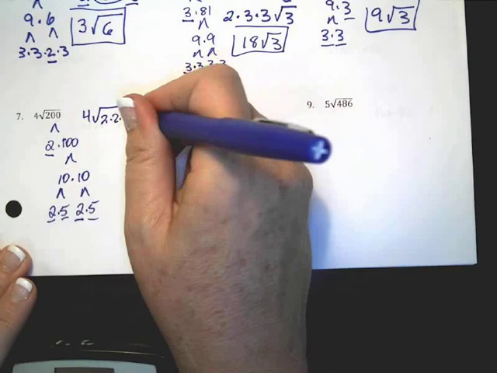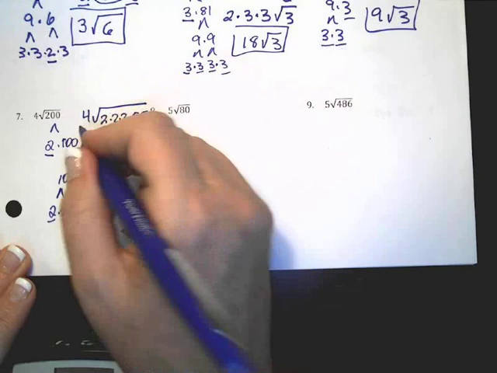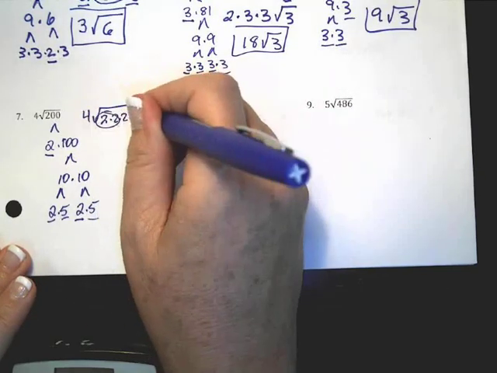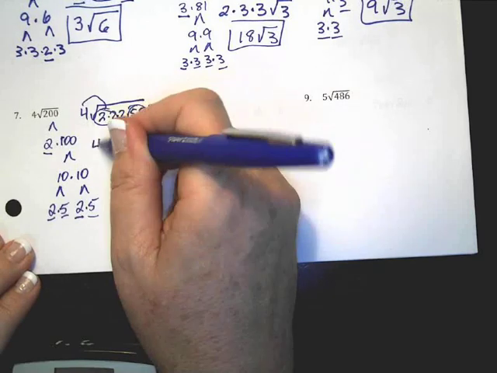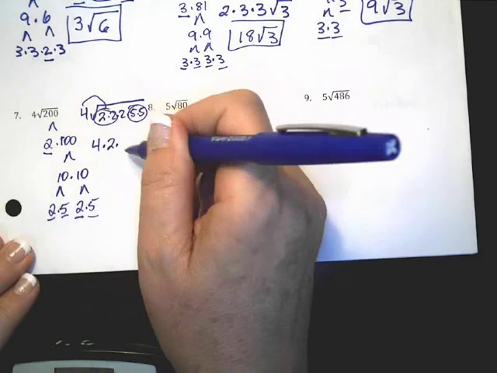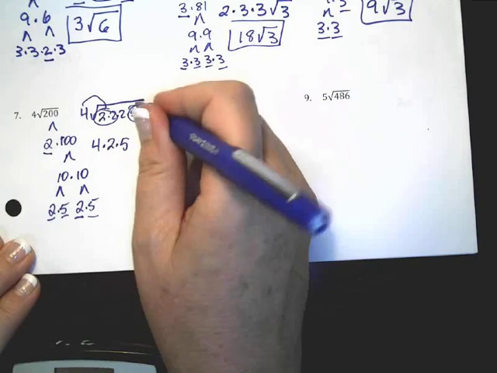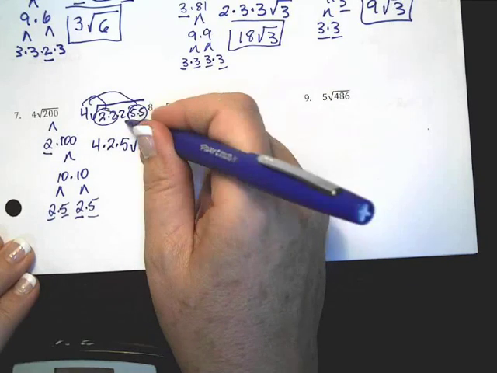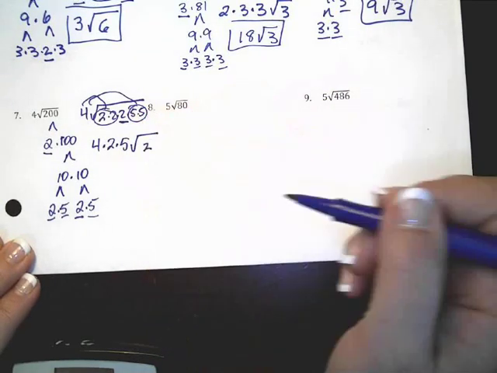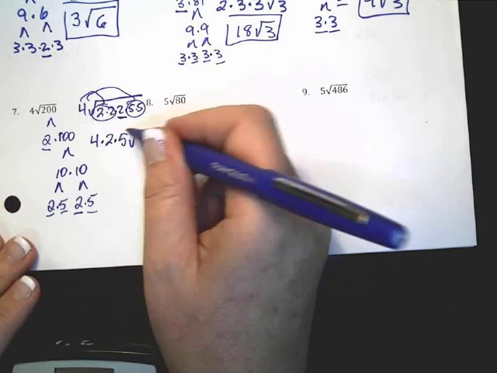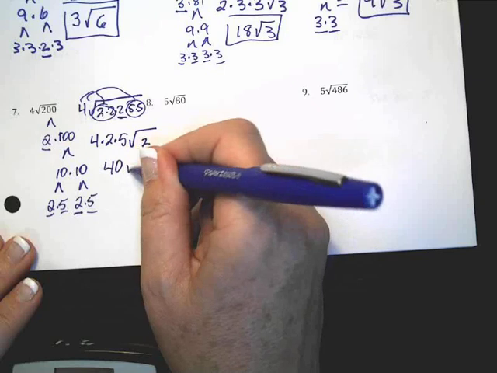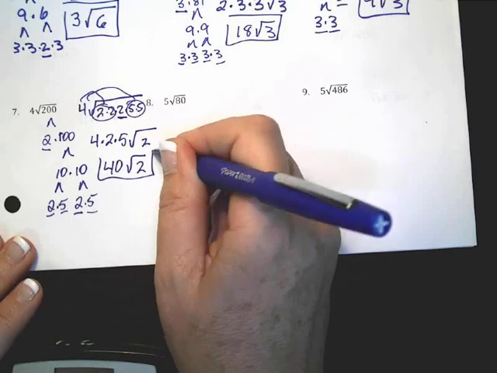And 2 5's. And don't forget the 4 out front. So let's circle our pairs. We're circling a pair of 2's that comes out as 1 2, a pair of 5's that come out as 1 5, and the loner is a 2 that stays underneath the square root. So 4 times 2 is 8, times 5 is 40, square root 2.